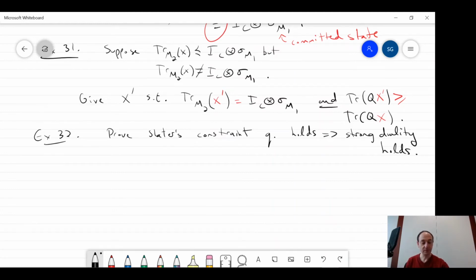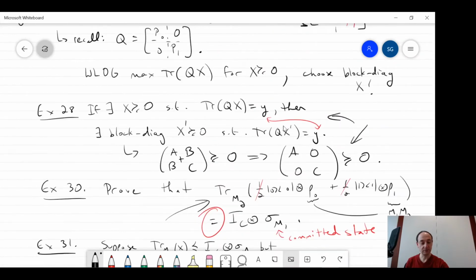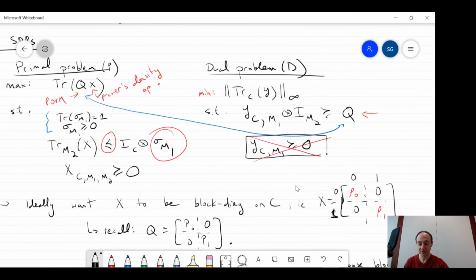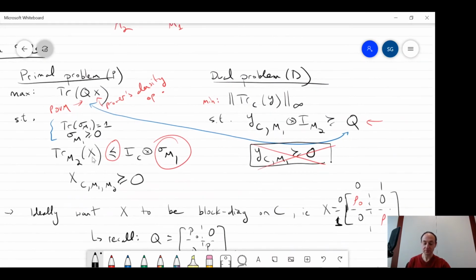Okay, so just to refresh your memory, I know you were not dreaming about Slater for the last week. What this says, remember, is that you want to come up with a solution to this SDP so that all these inequality constraints are strict inequalities. Okay, so for example, x has only strictly positive eigenvalues, okay?